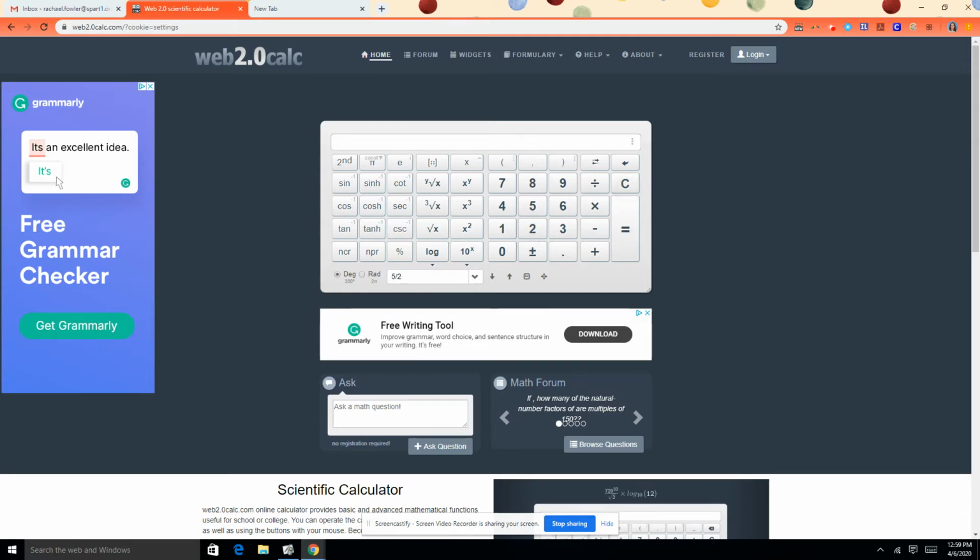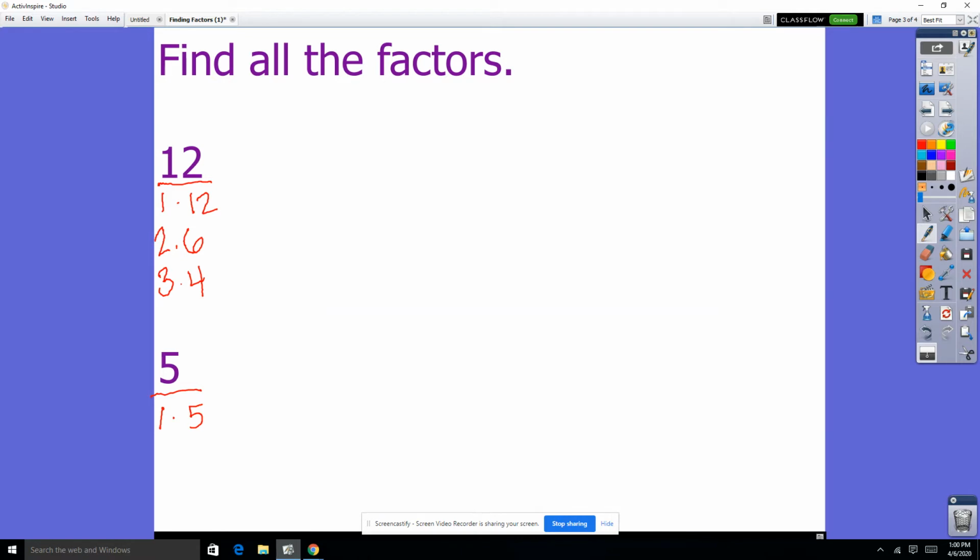So then my next number I would check going up would be 3. 5 divided by 3 is, again, a decimal, so it's not a factor. Then the next one would be 4. Again, it's a decimal, so that's not a factor. And then I'm to 5, which I already have 5 written down. So since I came to a number that's repeated, I have found all of my factors. So since the only factor of 5 is 1 and 5, 5 is considered a prime number.